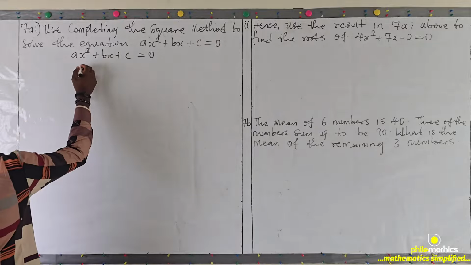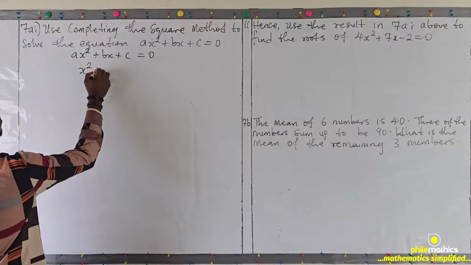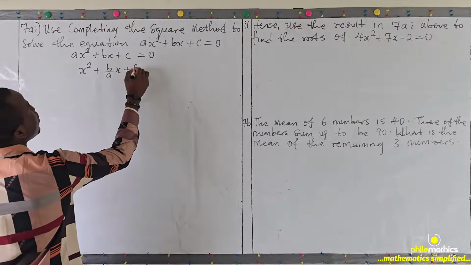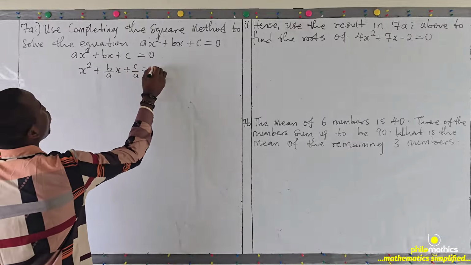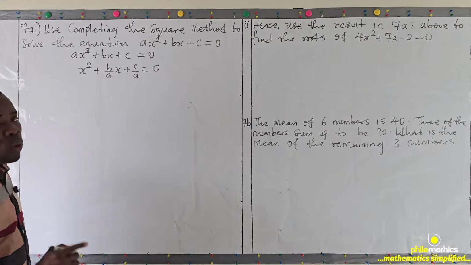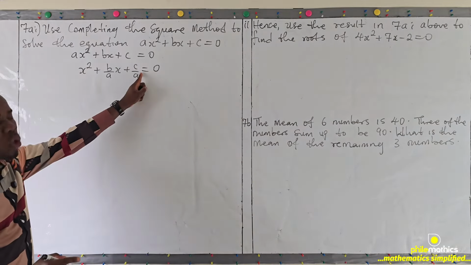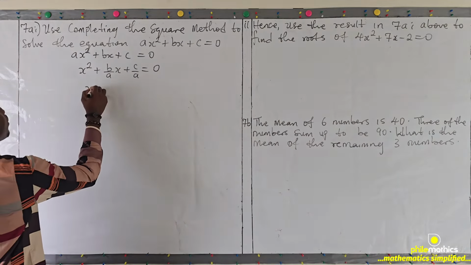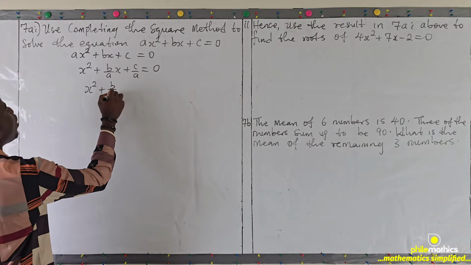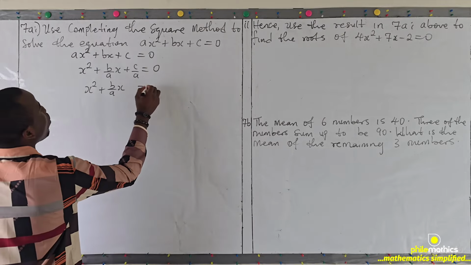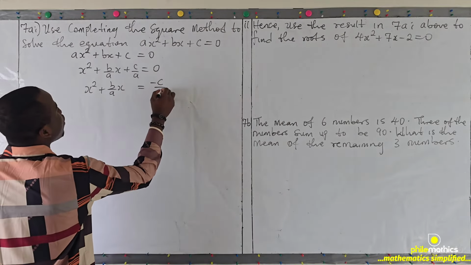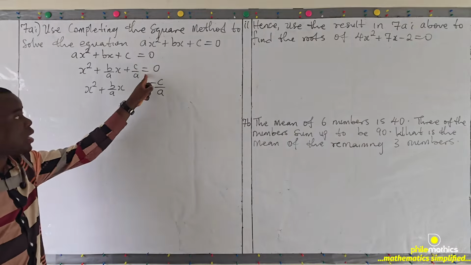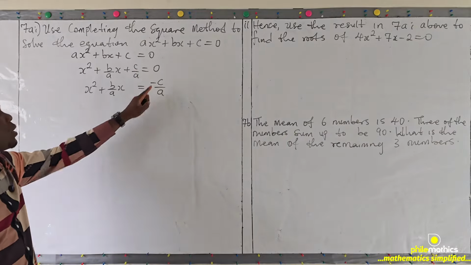If we do that, we'll have x squared plus b over a x plus c over a equals 0. The next thing is to take this constant term to the right hand side, and we'll have x squared plus b over a x equals minus c over a. If we take a number across the equal sign, it changes to the opposite sign.